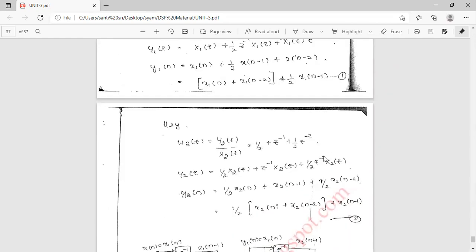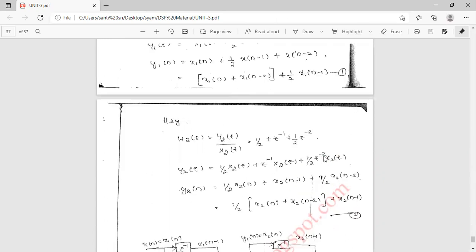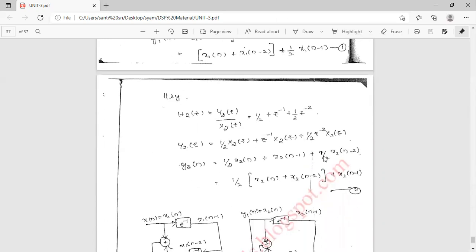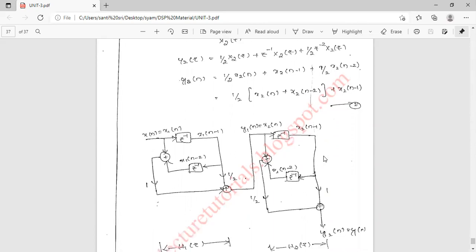y1 of n is x1 of n plus x1 of n minus 2 into 1 plus x1 of n minus 1 into 1 by 2. So that is added with h2 of n into 1 by 2.